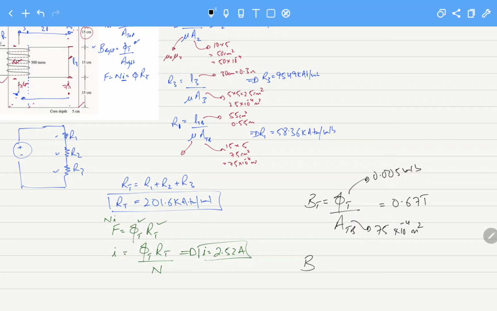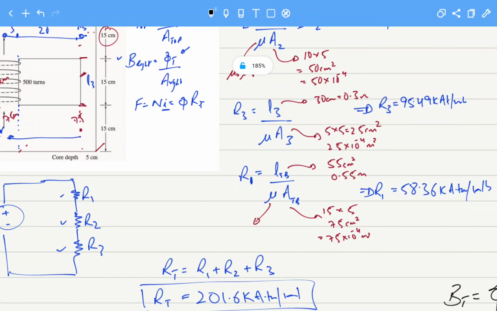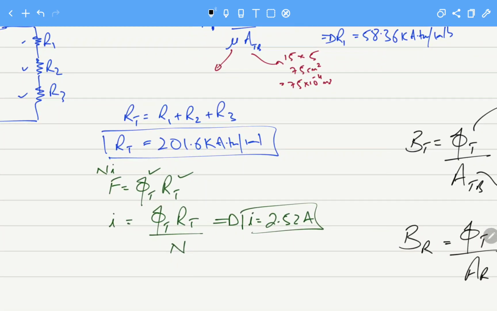So on the right side, if the flux remains same throughout the core, and area of the right side we have seen, and this narrow side we have also calculated here, where there was R3. This was the area for the right side. This is 5 centimeter wide and 5 centimeter in depth.